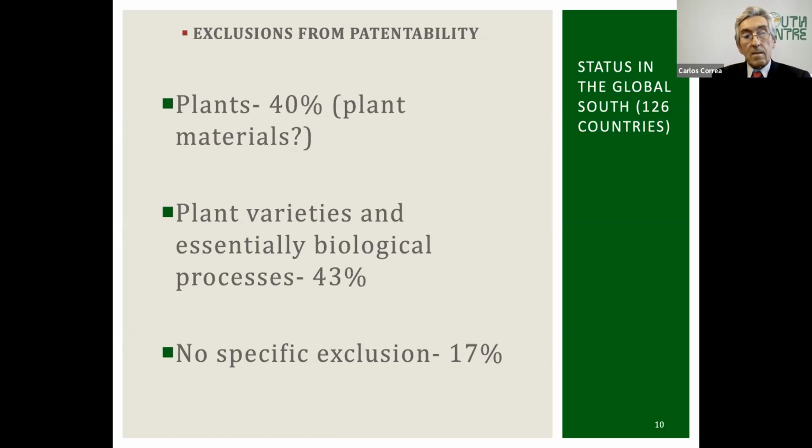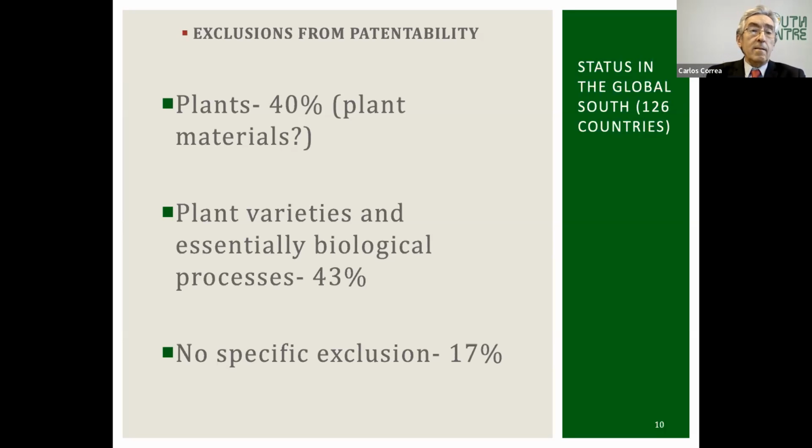This study found that plants are excluded from patentability in 40% of the countries studied. So this means that in most of these countries, 60% of them, the exception that is allowed by the TRIPS agreement has not been incorporated.